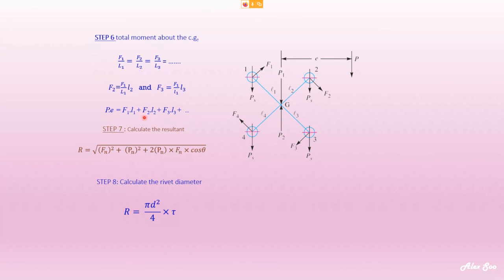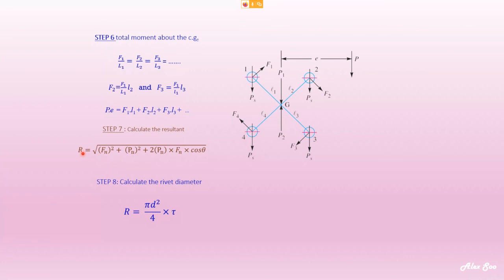Then from there, you can find out F1. Once you have found F1, put it back into this formula to find F2, F3, and F4. So once you've got P1, F1, P2, F2, P3, F3, P4, and F4, then you can calculate the resultant.